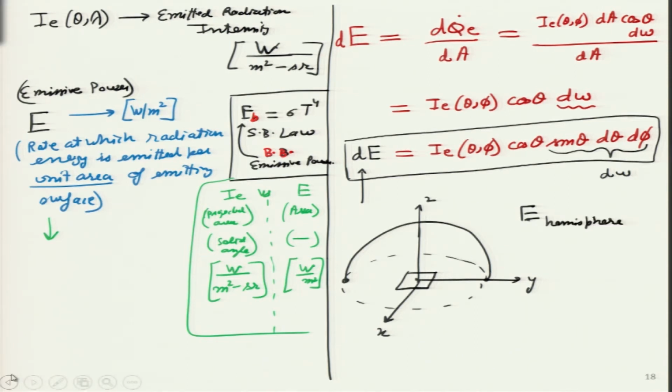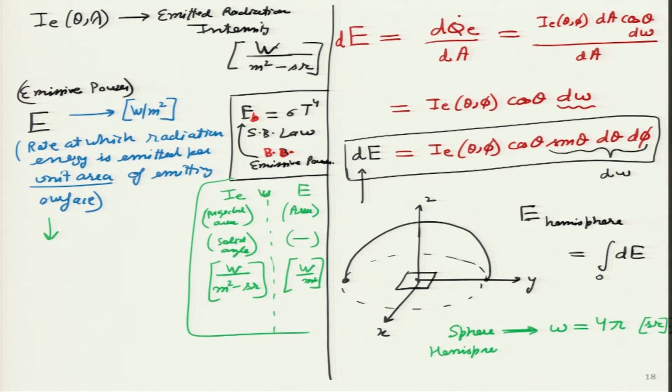In order to find that out, I have to integrate dE over the whole solid angle from 0 to which value. That question I will ask the students: for a sphere the full solid angle omega was how much? 4 pi, and units were steradian. Then for a hemisphere, what do we get?